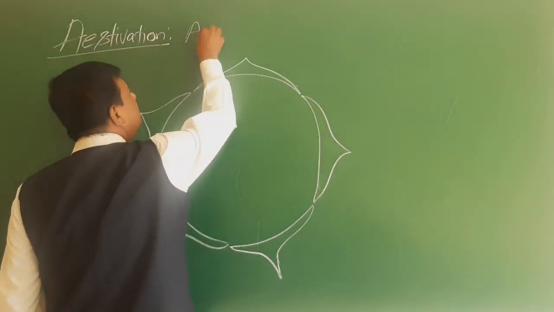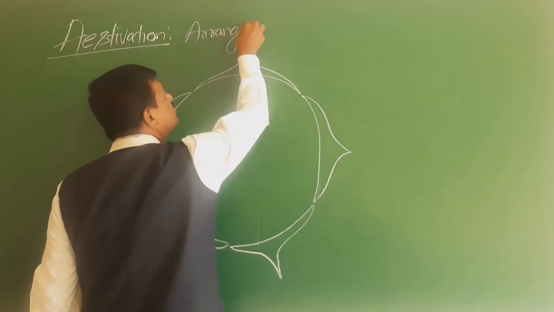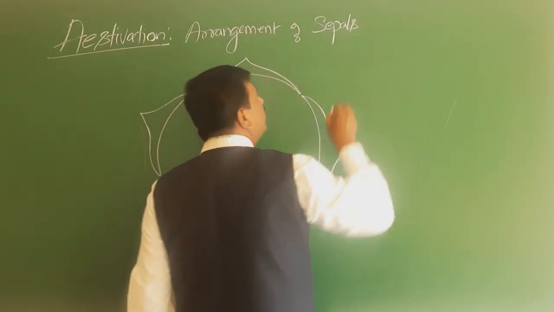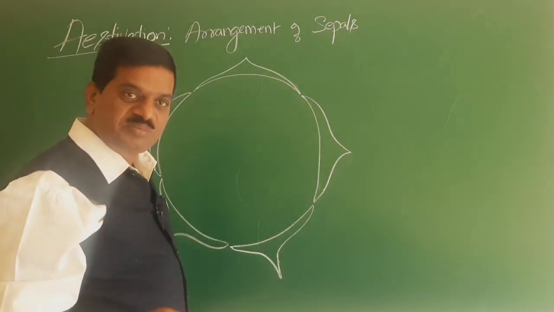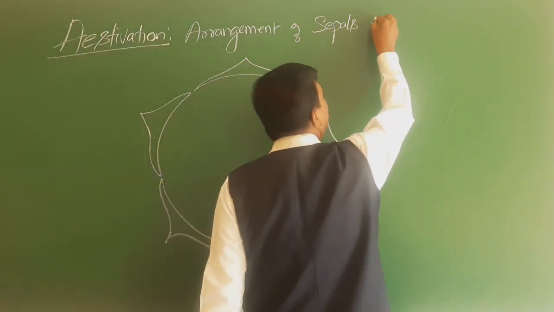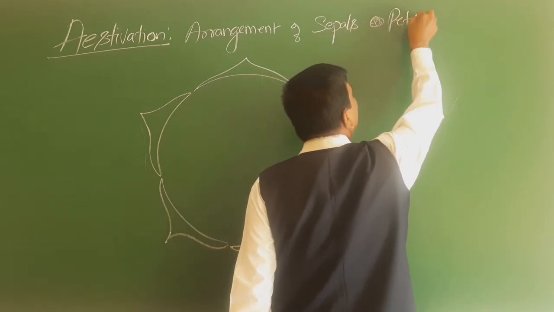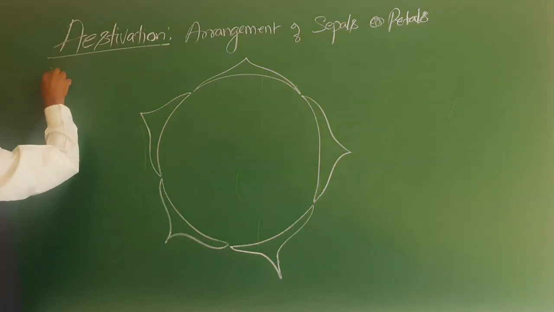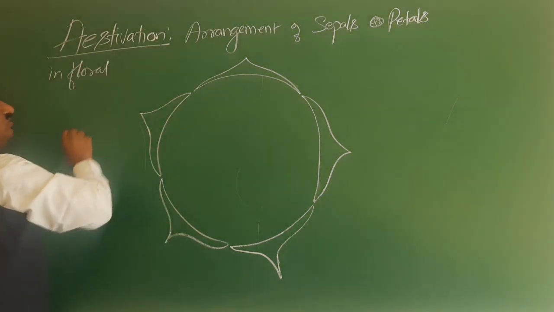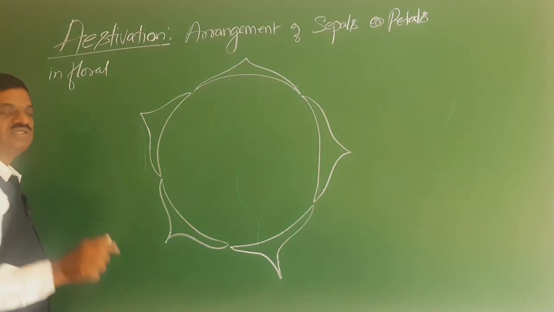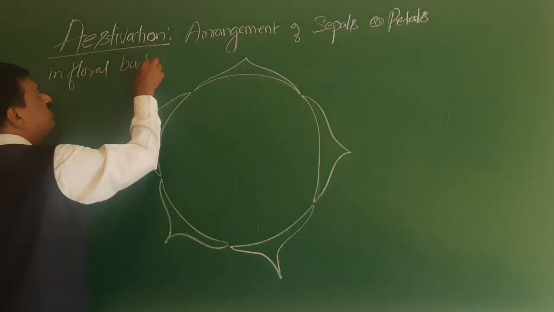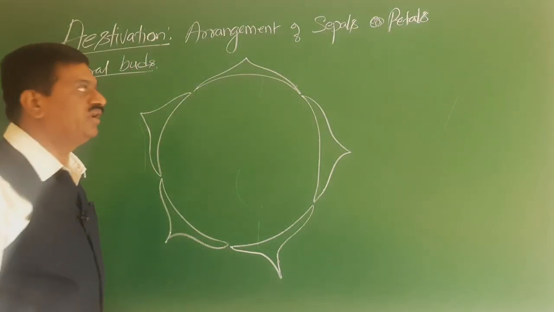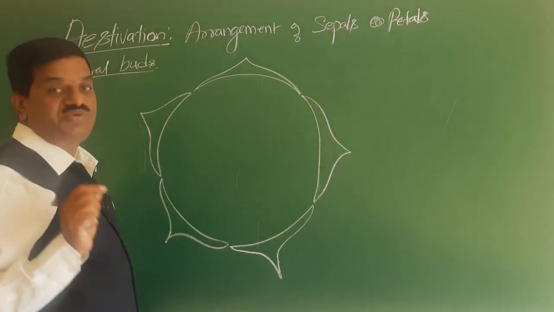So it is nothing but the arrangement of sepals or the arrangement of petals in floral, the meaning of floral being flower. So in a flower bud, how the sepals are arranged and how the petals are arranged, for that we call it estivation.